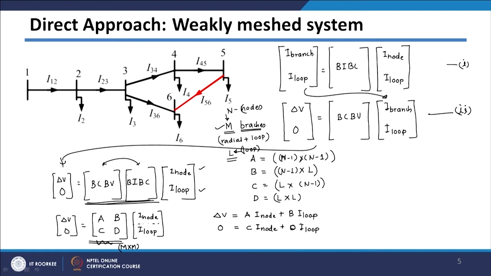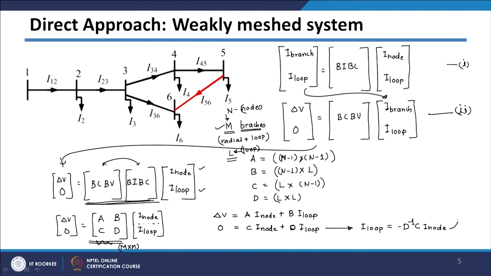From this equation I can write I loop will be equal to minus D inverse into C into I node.